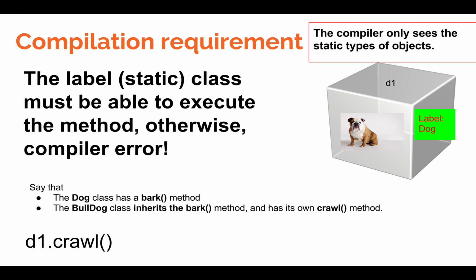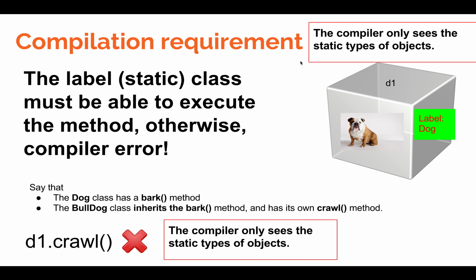No. Why is this? Perfect. So the dog class does not have a crawl method. The compiler only sees the static types of objects. The compiler does not know that inside there's a bulldog that can actually crawl. Is that clear? All right.